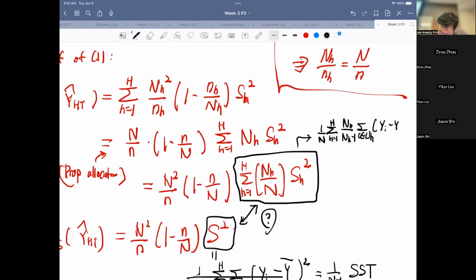So that is approximately equal to 1 if n_h is large.